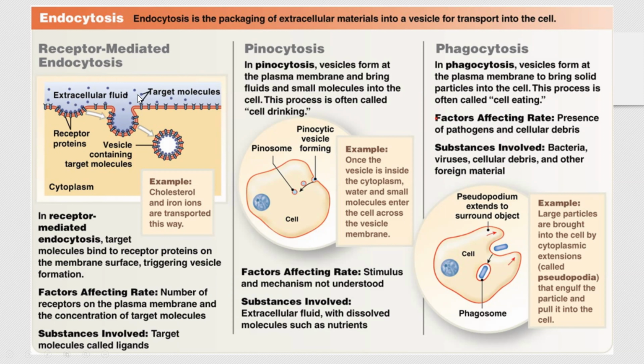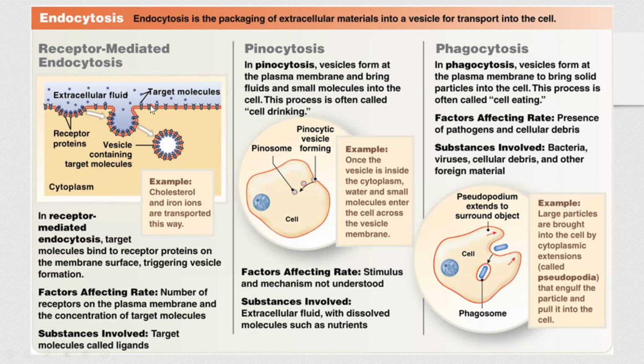So here are three different types. We have receptor-mediated endocytosis. What's shown here in yellow is inside a cell, the cytoplasm, and blue is extracellular fluid. If we have some target molecules, also called ligands, right here, and we want these molecules inside the cell, those molecules first will attach to their receptors. You see, those are receptor proteins, and this will induce the formation of vesicles.